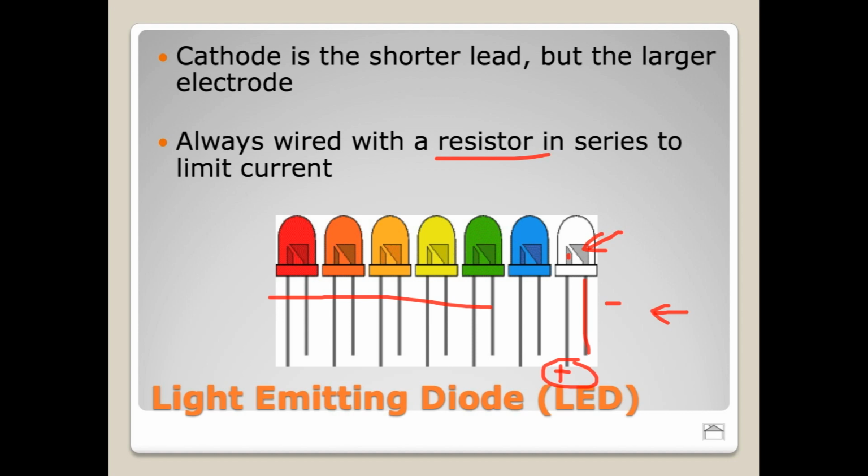But if you were to fire up an LED without a resistor in series, what you would find is that it would get really, really bright for about 2 or 3 seconds. And then after 5 seconds, I can guarantee you that it will have had this little burst, this little explosion inside, and you'll see some black stuff inside, and that LED will no longer light. It really needs to be limited.